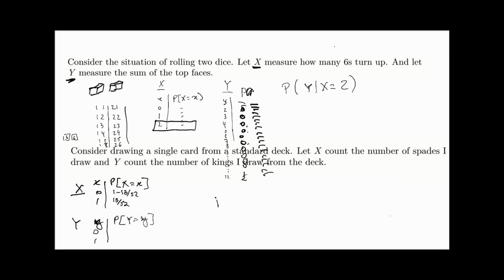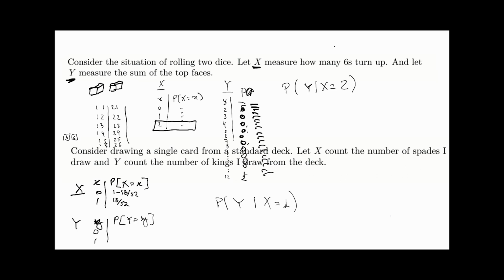But the thing is, do you think that if you know that you got a spade, so x equal to a spade, will that change the PDF of y? Well, if I got a spade, that doesn't tell me anything about the chance of that being a king or not. It could be number 2, it could be number 4, it could be king, right?